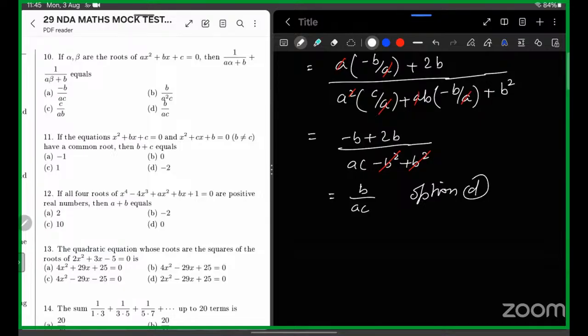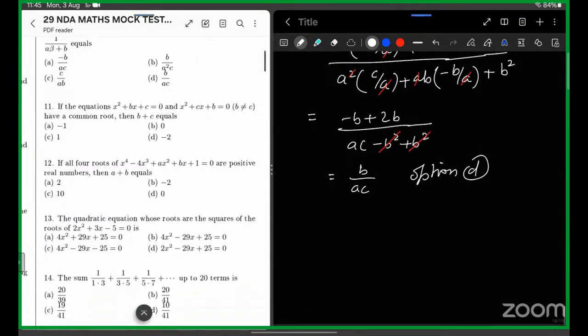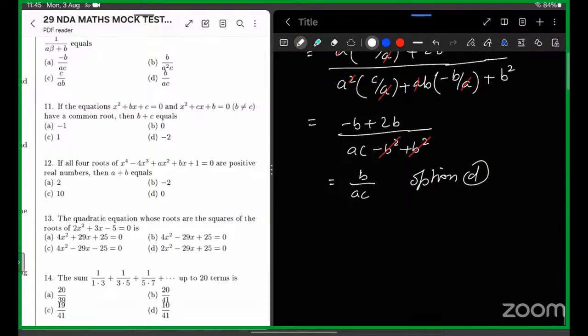Next, if the equation this and this have a common root, then what is the value of b plus c? Okay. Question number 11. They are saying that they have one common root.